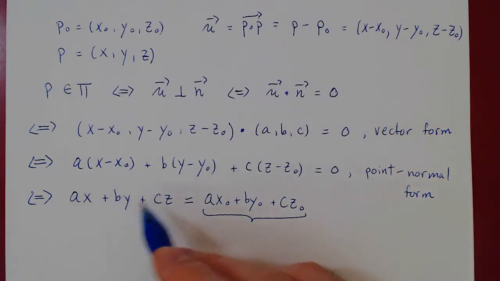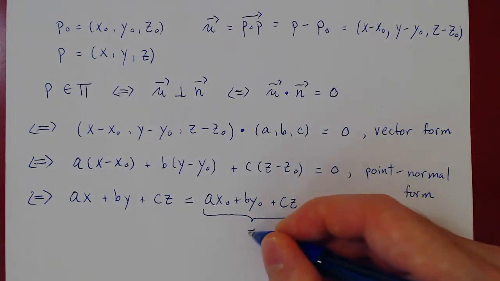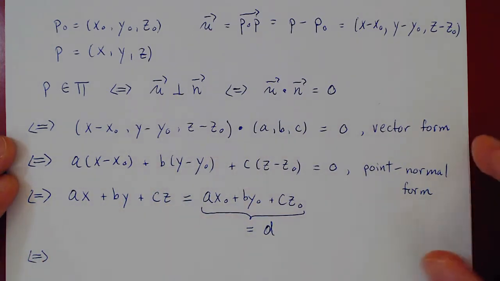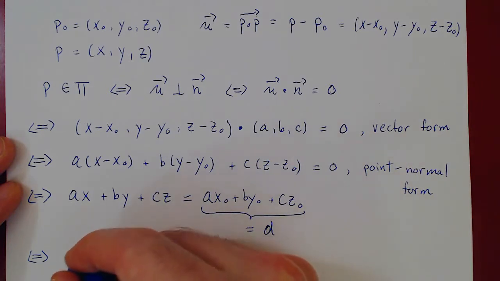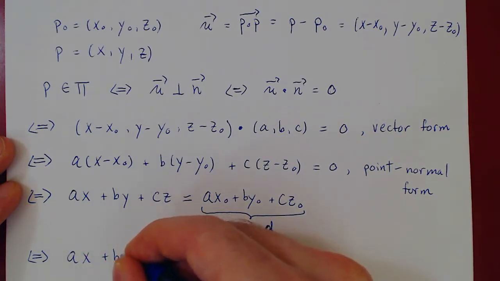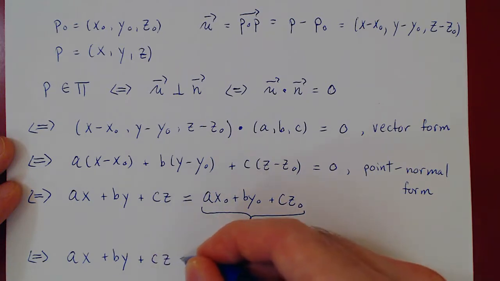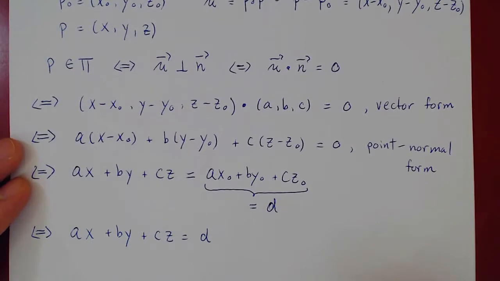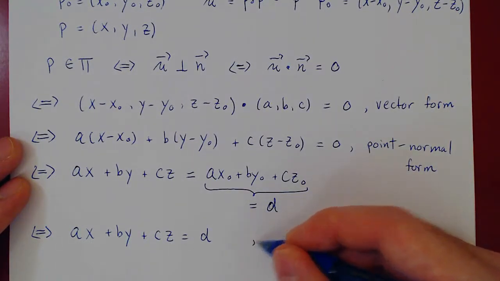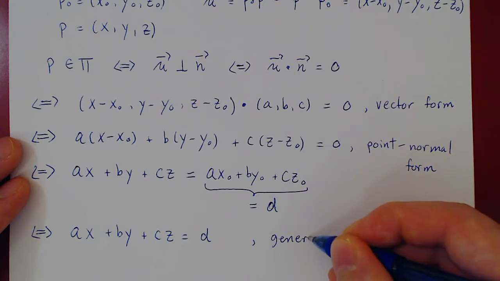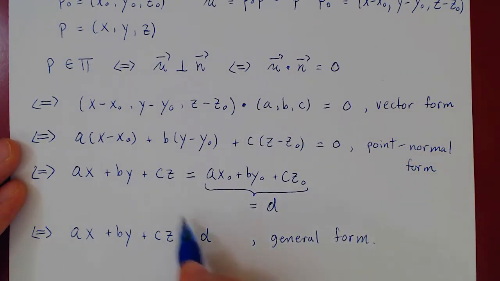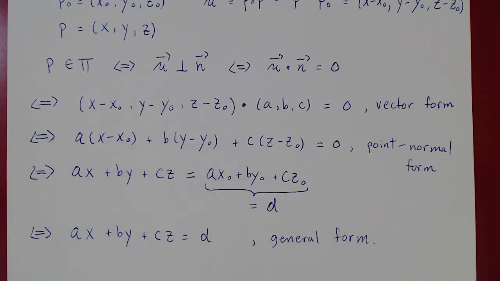We already have A, B, C. Let's call this D. And you see now we have a really simple form for the equation of a plane. ax plus by plus cz is equal to D. And this is the so-called general form of the plane.